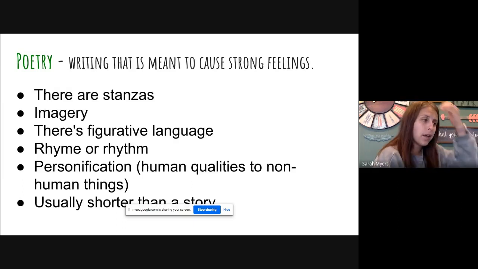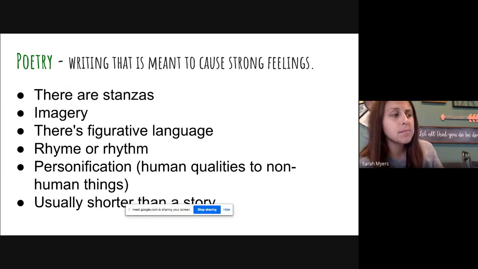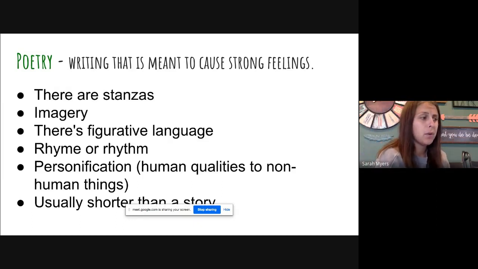So the author tries to get you to see, feel, taste, hear, and smell what might be happening in a poem. There's figurative language. So we talked about really making it something that we can visualize and make sure that we can feel that we're there. So that's showing and not telling.